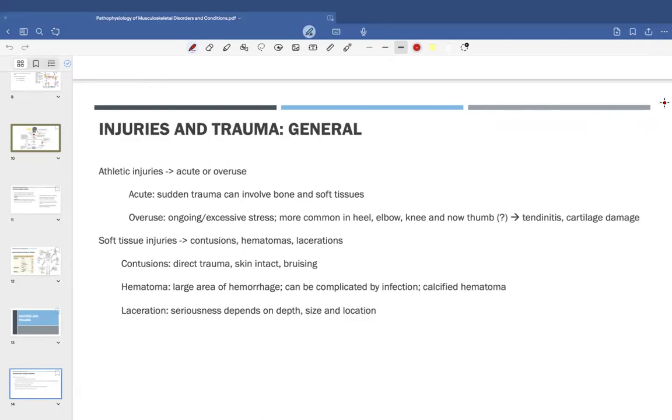Your acute is usually some type of sudden trauma, and it can be something as simple as planting and rotating. Planting a foot and rotating, you just ruptured your ACL. So it doesn't necessarily have to be a contact sport. I've seen some really awful injuries in my career, and two stand out.